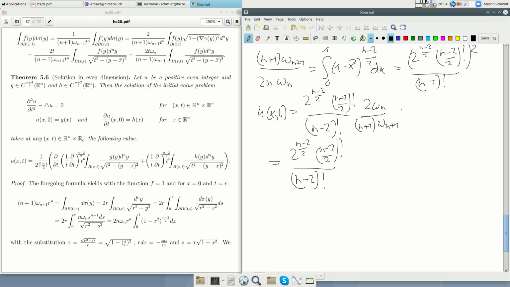And now we should insert this factor, so we should divide by this. So we get n minus 1 faculty, 2 to the n minus 2 over 2, n minus 2 over 2 faculty, the whole thing squared.